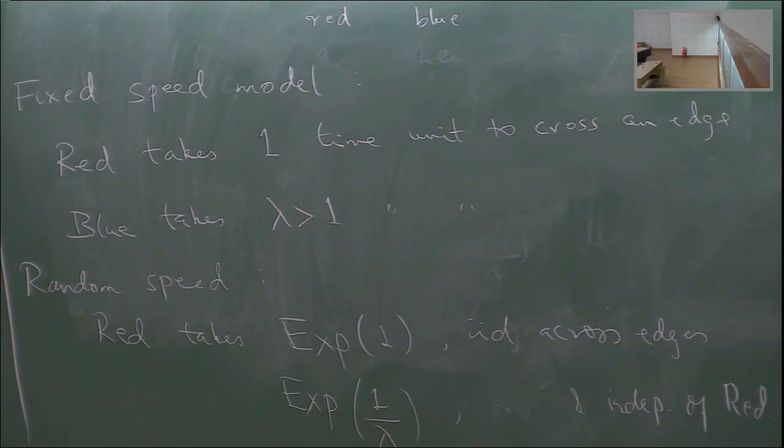Okay, so what do you think is going to happen? In the fixed speed model, if a node gets both red and blue at the same time, do we have to? Good question. In the fixed speed model, you do have to say something about what happens. So let's agree on some tie-breaking rule, probability half, that you give it either color when that happens.